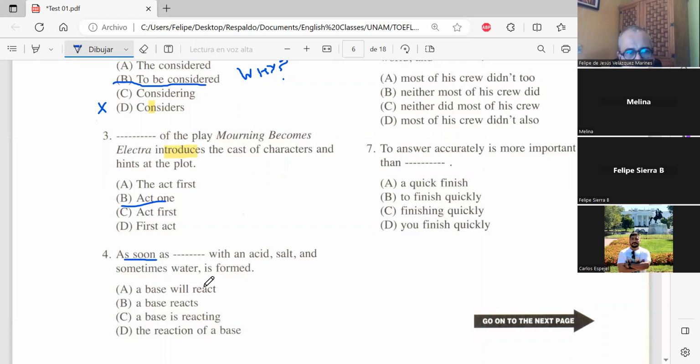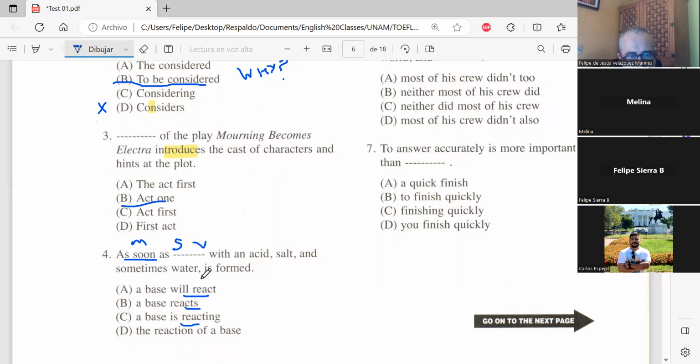Yes. After markers, what do we need? We need subject, verb, and complement. But here we have one verb, verb, verb. Yes. So this means that I have two verbs and here we have one marker. This is the marker.